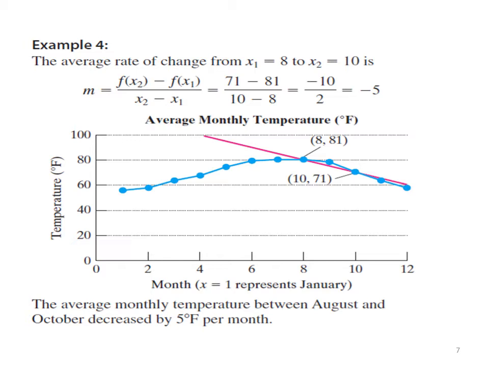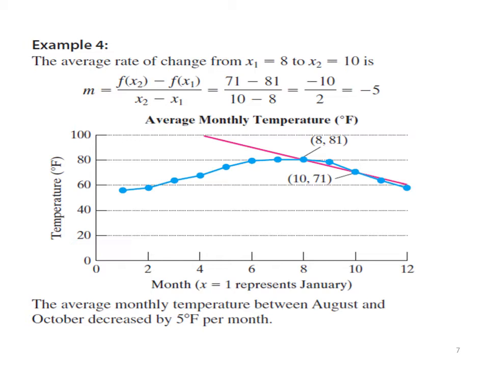So the available values on the x-axis are the different months, starting from 1, 2, 3, up to the 12th month. The y-coordinate, the vertical axis, represents temperature. For each one of these points, the x-coordinate will give you the month, and the y-coordinate will give you the average temperature during that month.